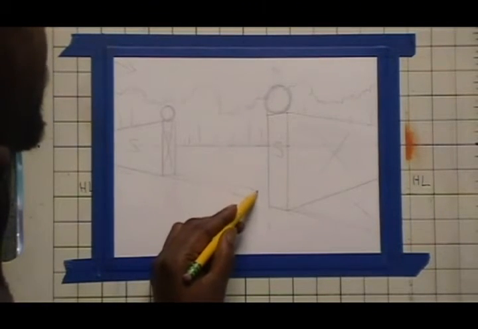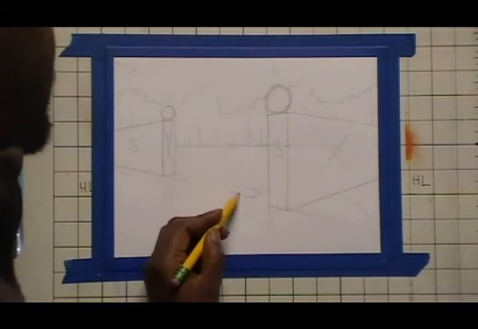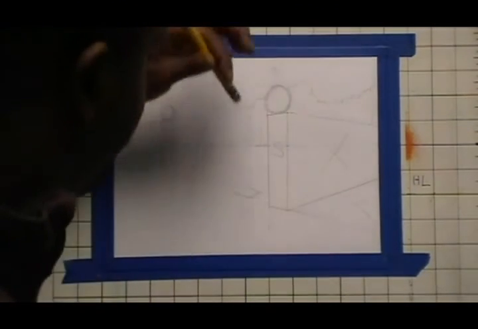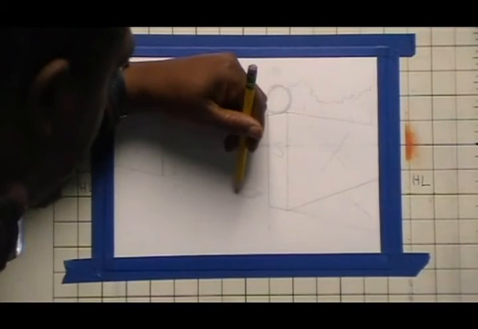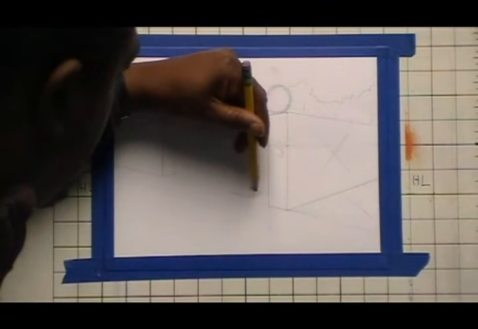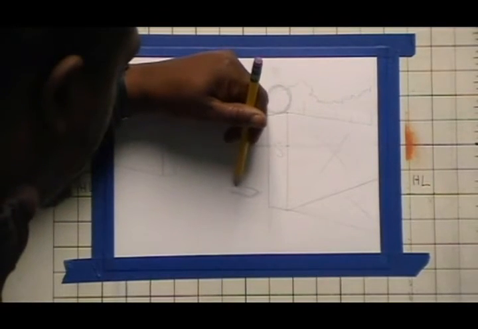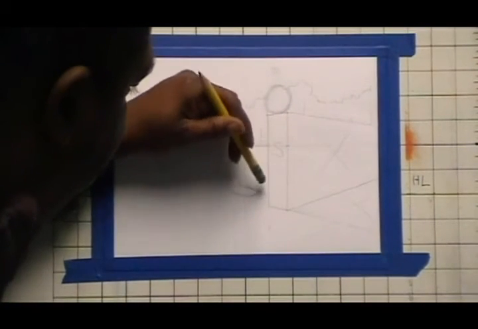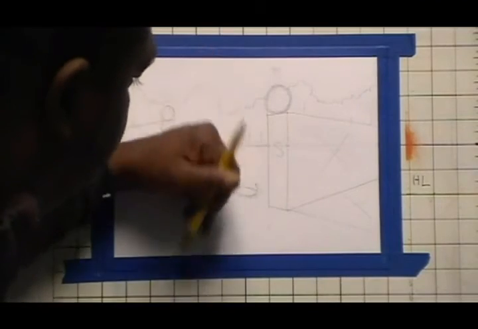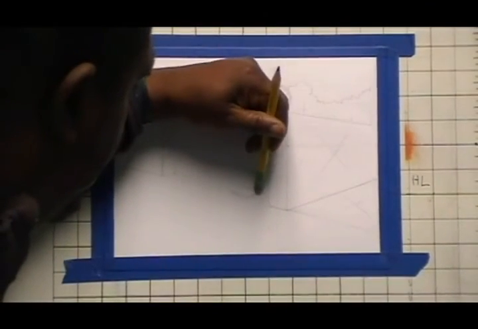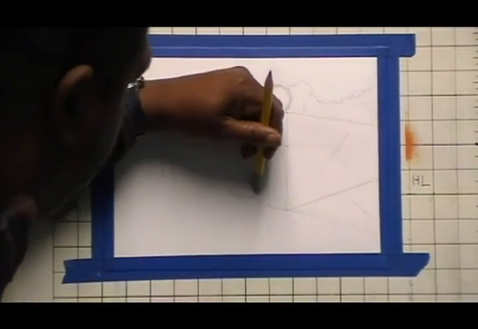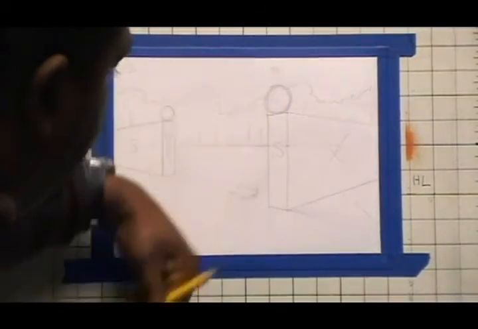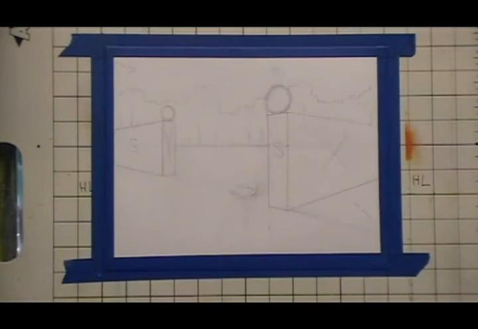The peak would be somewhere here, and you would curve it down. Like so. Get some of that curve, that point out of there. Okay. I basically know where it goes anyway. But basically that's it. Okay, that would be your wall.